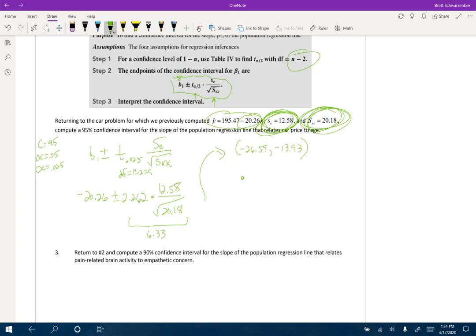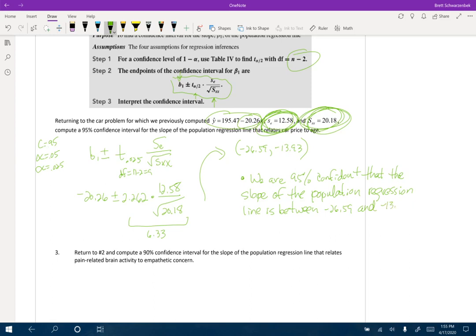First, the typical one: we are 95% confident that the slope of the population regression line is between two values, negative 26.59 and negative 13.93.